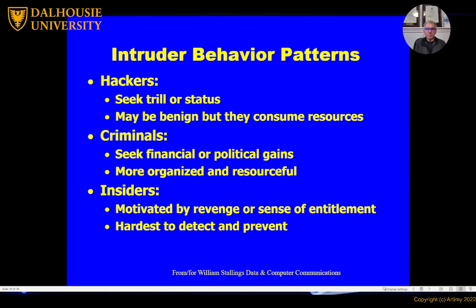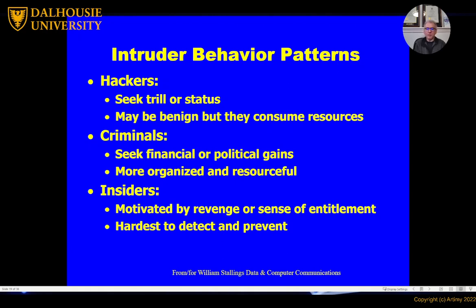When hackers move from being benign and doing just some fun stuff to actually disrupting the work, now they're becoming criminals, right?